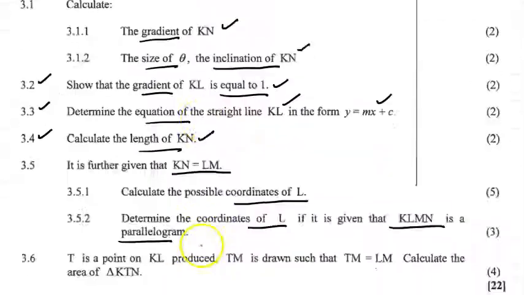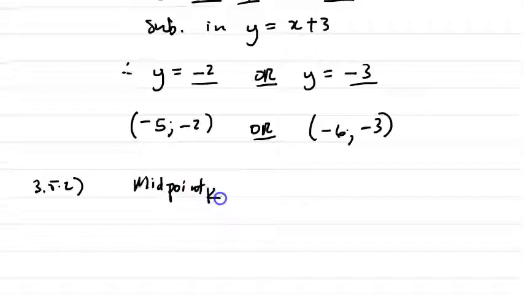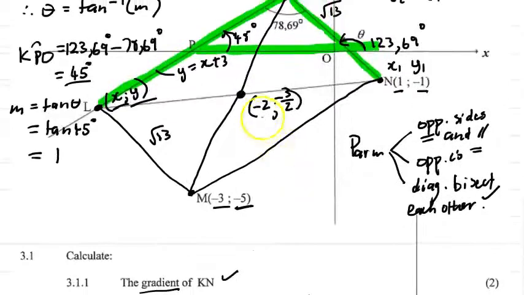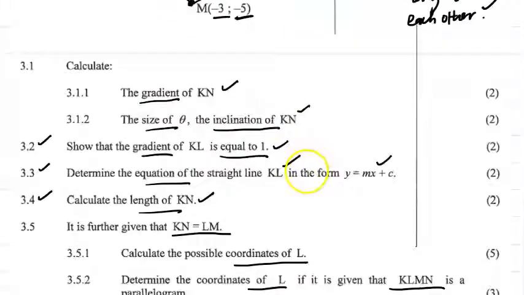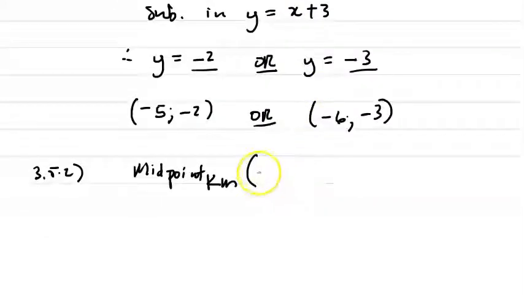The midpoint of KM is going to equal minus 2 and minus 3 over 2.